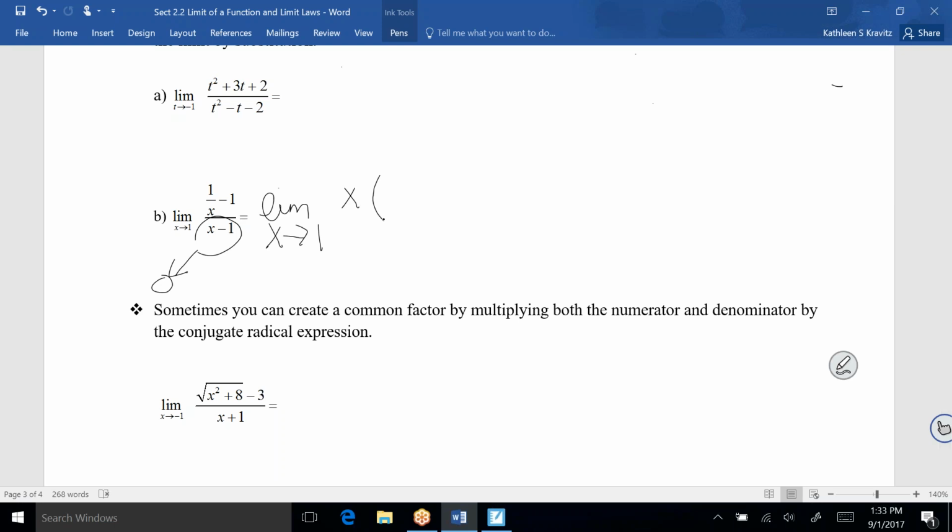So instead of factoring an x out, let's clear the fraction, like I said. So let's multiply the top and the bottom by x in order to clear that fraction. And then multiply the bottom by x as well. So if you multiply the top by x to clear the fraction, you got to multiply the bottom by x.